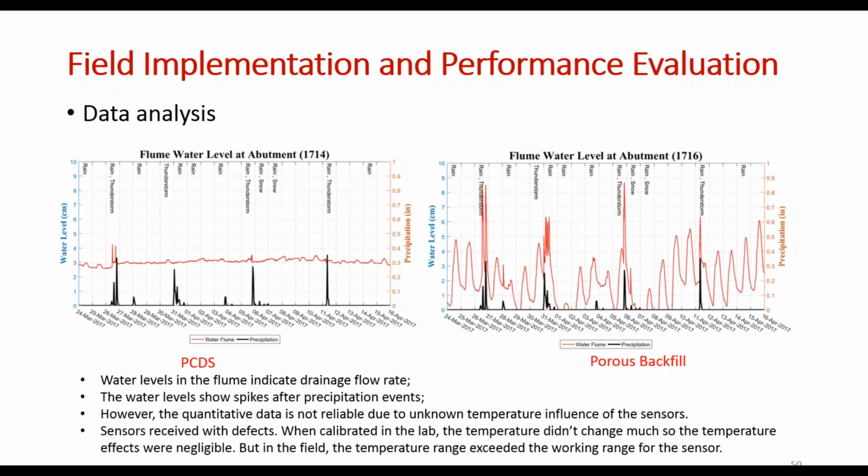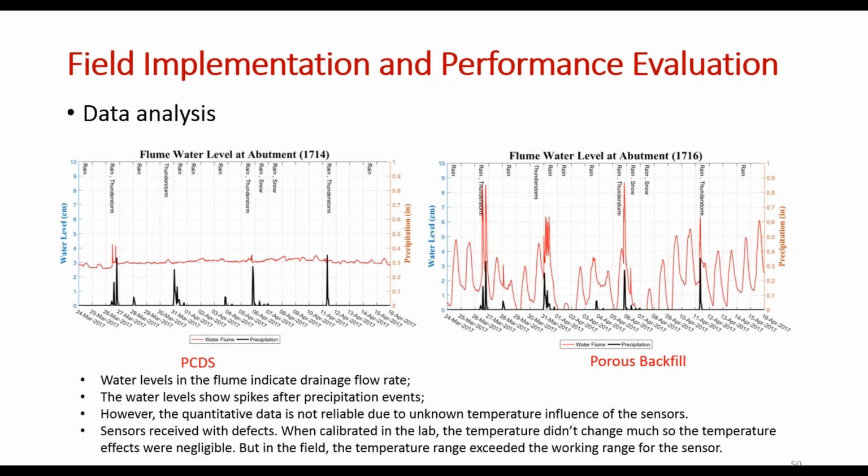So the water levels in the flume indicate drainage flow rate, and the water levels show a response after each precipitation event. During each precipitation event there is a spike, which means the water level increases, indicating there is drainage. However, the quantitative data is not so reliable because there is some temperature influence on the sensors.